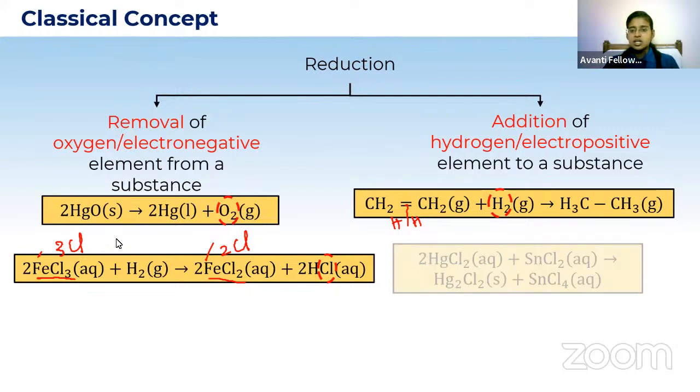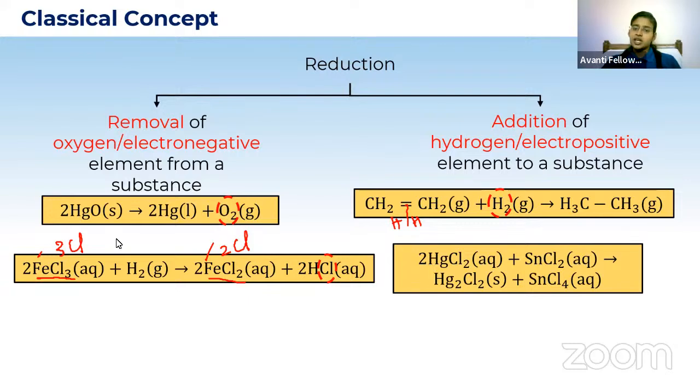Okay, so let's go ahead with one more example. So here we have HgCl2 reacting with SnCl2 to form Hg2Cl2 and SnCl4. So here we have only one Hg, but in the product side we have 2 Hg.